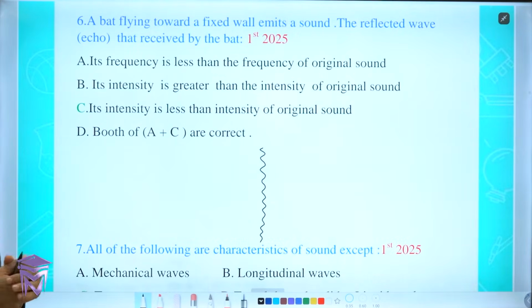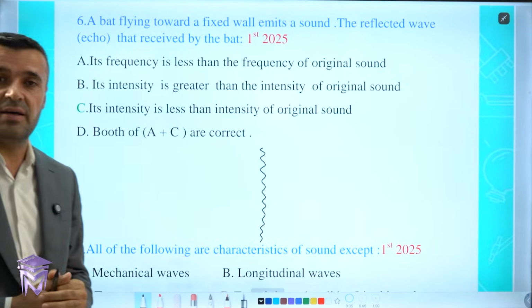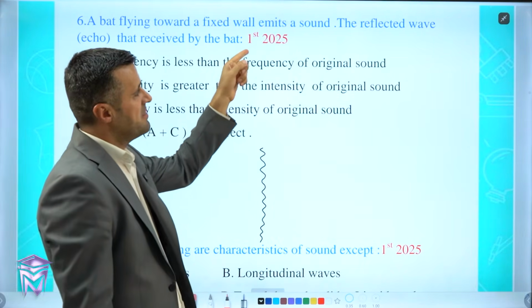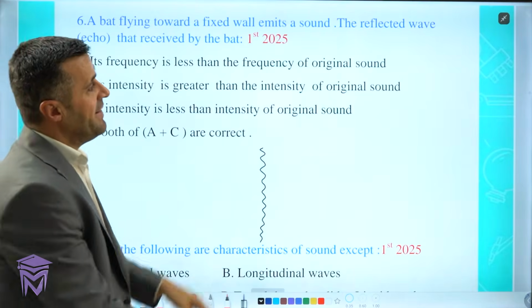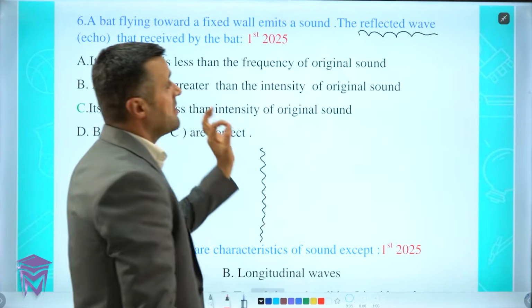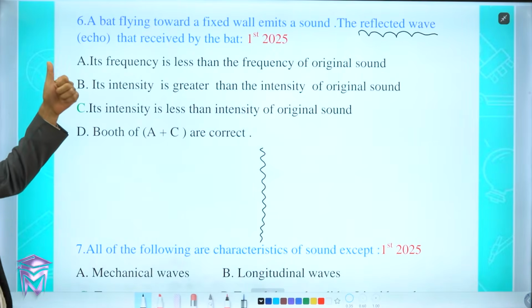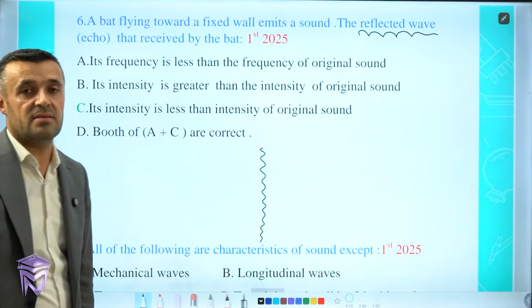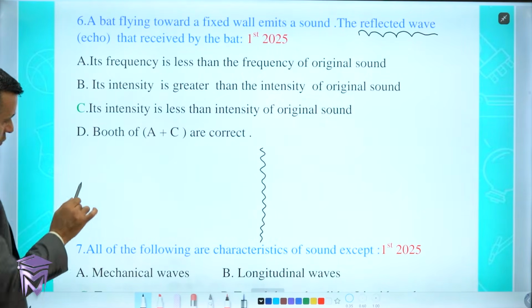Question 6 is a ministerial question from the year 2025, first round. A bird flying toward a fixed wall emits a sound. The reflected wave, this word is very important, the reflected wave, or sometimes called echo, that is received by the bird is one of the following. We have a bat.